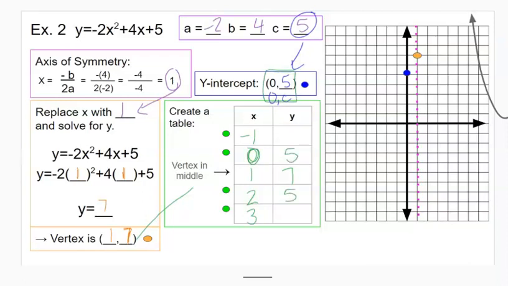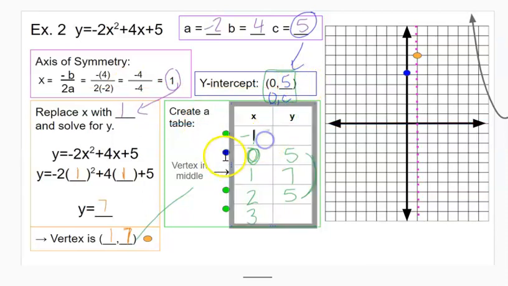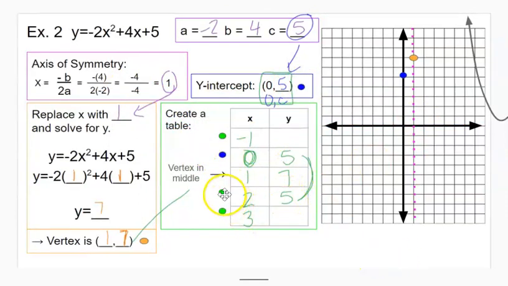So I already have 3 values in my table because that symmetry gives me the third value. So I already have that point plotted for 0, 5. It's going to end up being my y-intercept, so it's going to be that blue one. And now we can plot that 2, 5 on the other side, so right there.